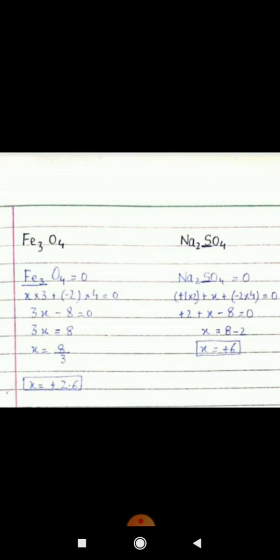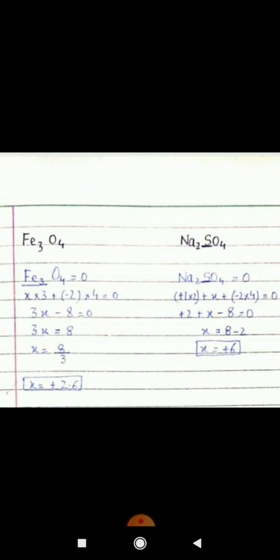In the case of sodium sulfate, the formula is Na2SO4. There are 2 atoms of sodium, 1 atom of sulfur, and 4 atoms of oxygen. The sum of the algebraic expression of this compound is equal to 0. There are 2 atoms of sodium. Sodium belongs to group 1A, so we multiply 1 by 2, and X is represented for sulfur.